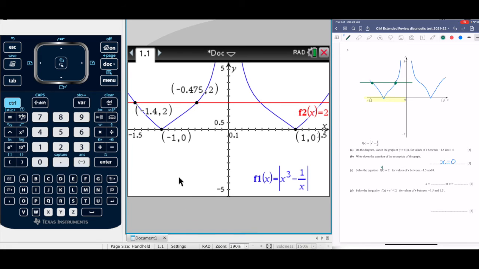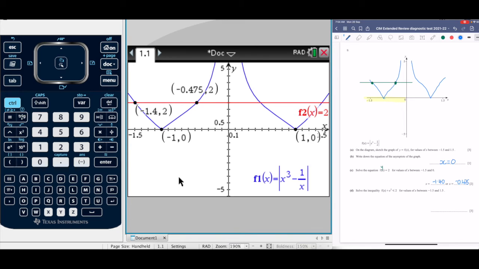So I've got those 2 values. So I can now write down that I have minus 1.40, and I should probably put the 0 so that it's 3 significant figures, and minus 0.475. Okay, I don't need the y coordinate because that's the value of 2. I'm just asked for the x coordinate.